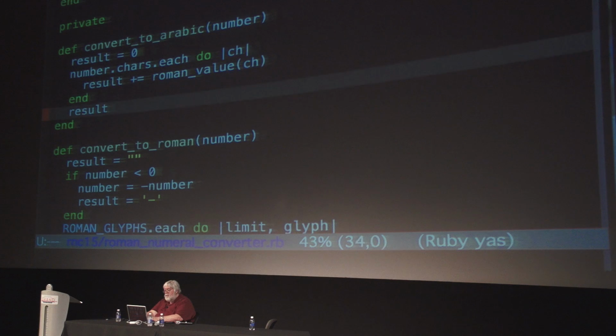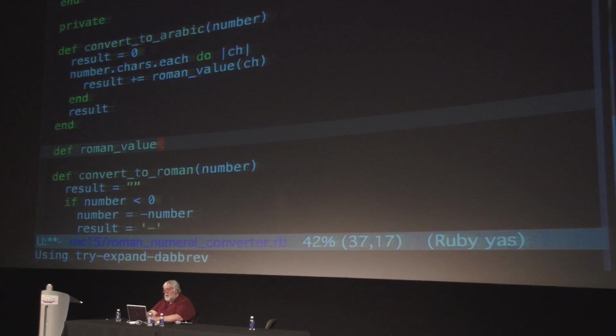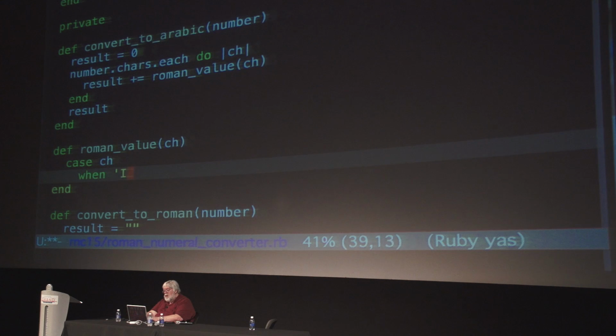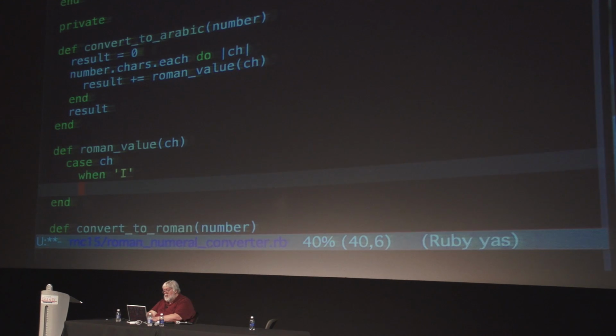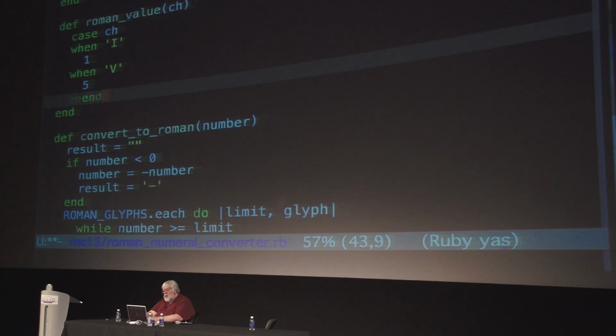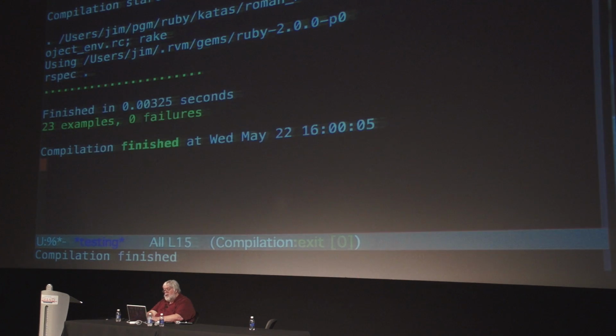So now I just need to define Roman value, takes a character, and let's just make it easy. Case CH, when it's an I, the value is 1. When it's a V, the value is 5, and that works.